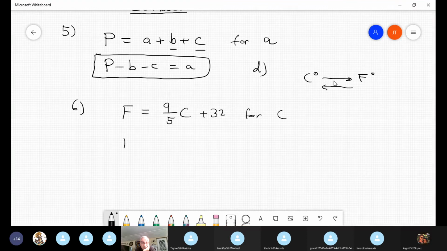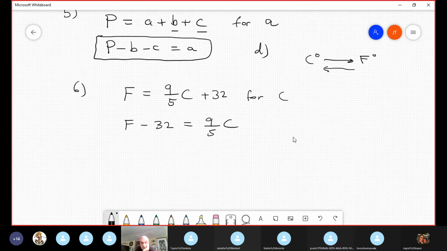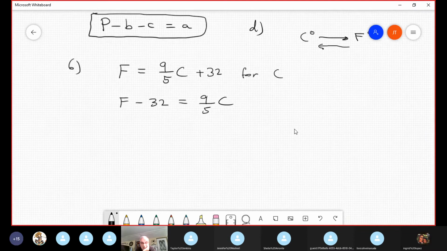You subtract 32. Okay. And see, if we are doing it the way that she likes, you multiply by 5, and we are doing step by step. 5 F minus 32 is equal to 9C.